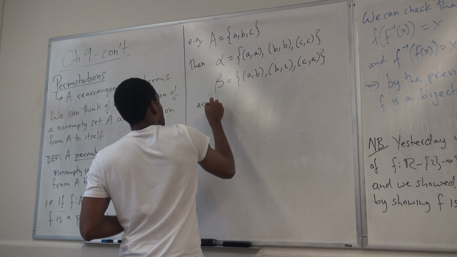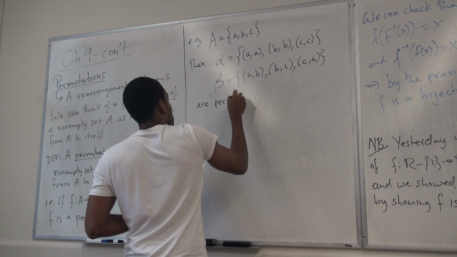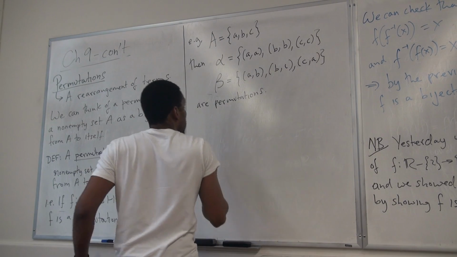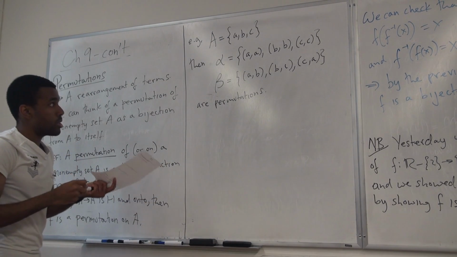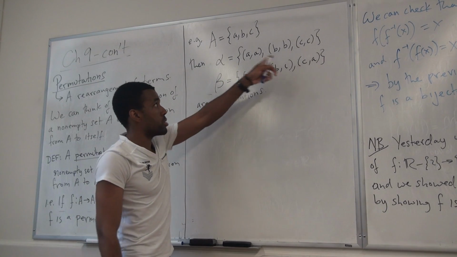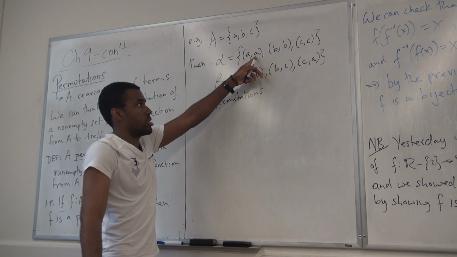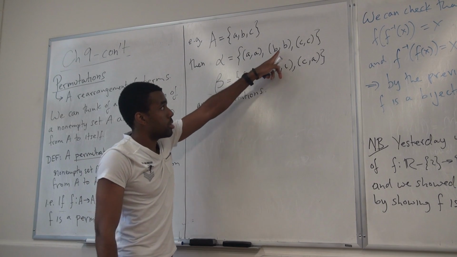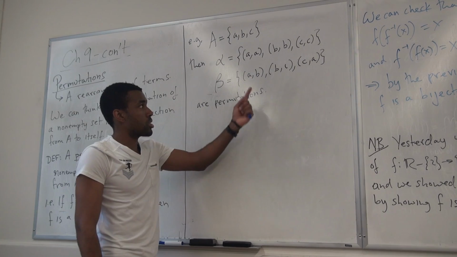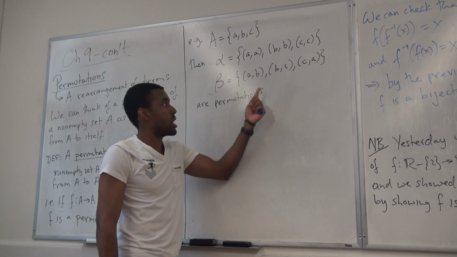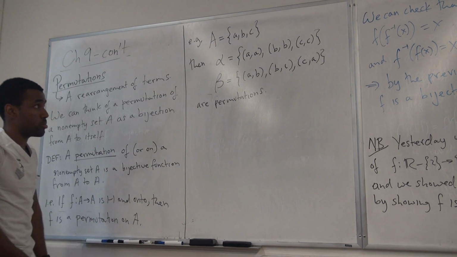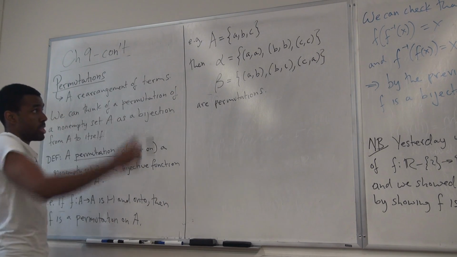These are permutations. Notice that alpha didn't actually rearrange anything. Everything maintained the same position. A was first, it's still first, B is second, then C. In beta though, we actually rearrange the terms. Instead of A, B, C, we now have B, C, A. So you can think of it as rearranging these terms, and it's just a bijection going from A to itself.